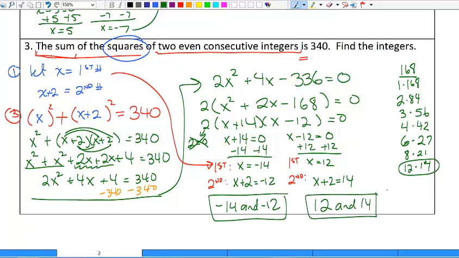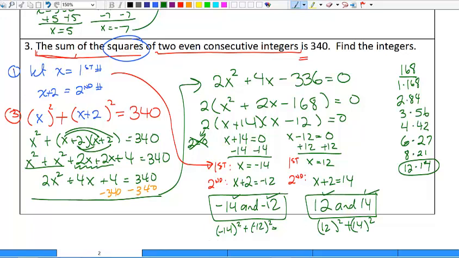Let's see if those work. The sum of the squares of two consecutive even integers. Are these consecutive and even? Sure they are. Are these consecutive and even? Yes, they are. Now, if I square negative 14 and I add it to negative 12 squared, I should expect 340. Let's try that.